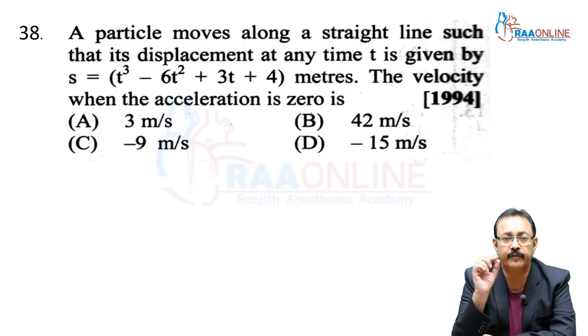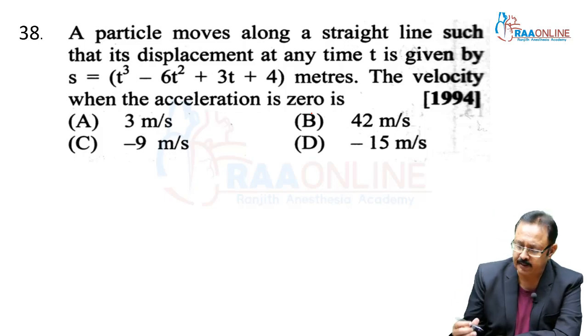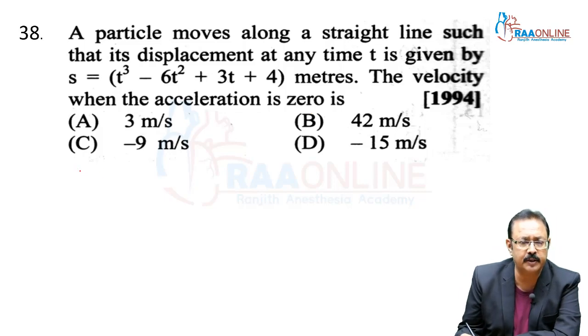So we have to calculate when acceleration was 0. At that time we want to calculate velocity. You know that the rate of change of displacement is velocity. So what is velocity? ds by dt. S is given, so differentiate that.